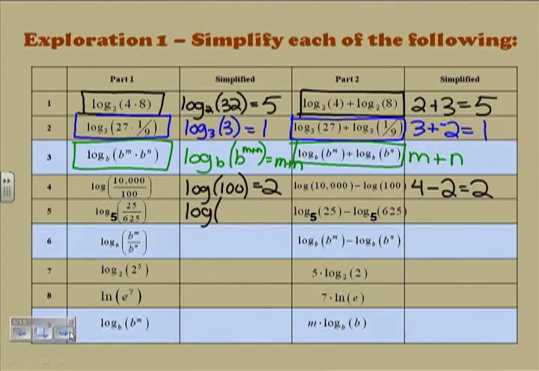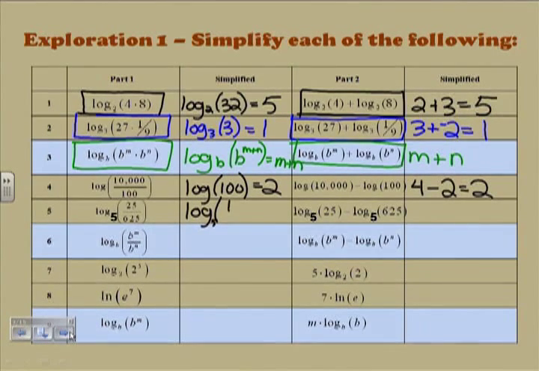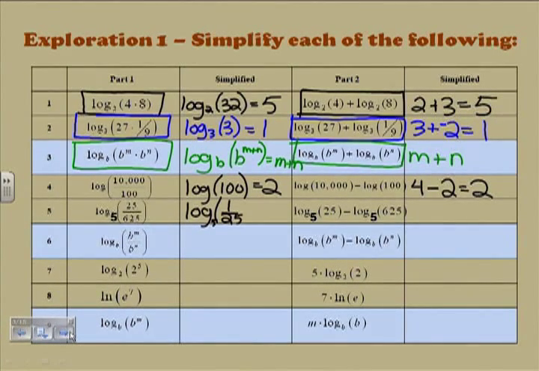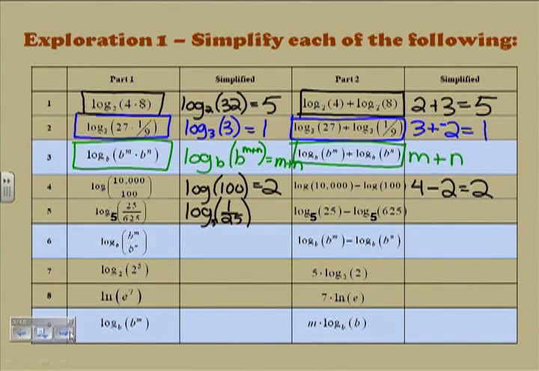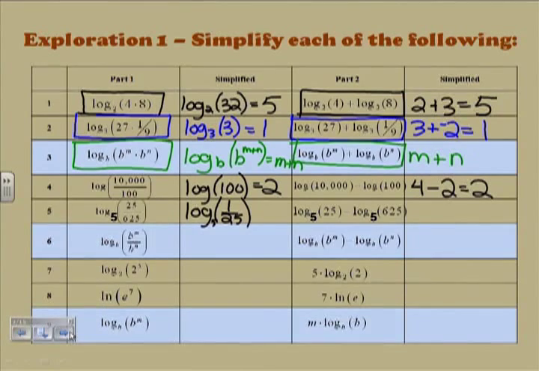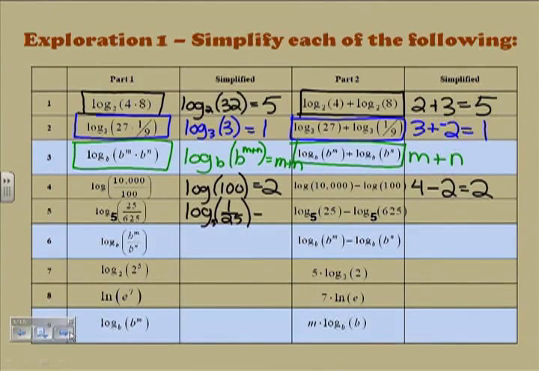Now, if I reduce this fraction, you may not realize that 625 happens to be 25 squared, but it is. So 5 raised to what power gives you 1 over 25?